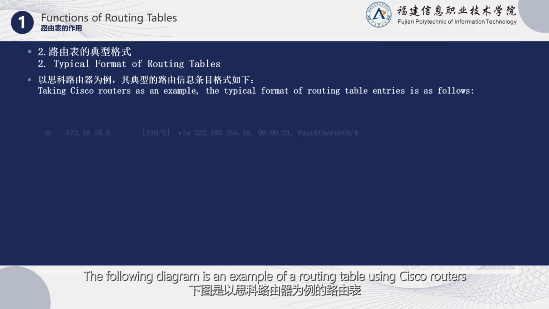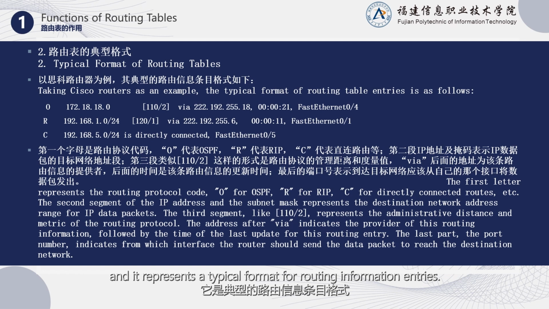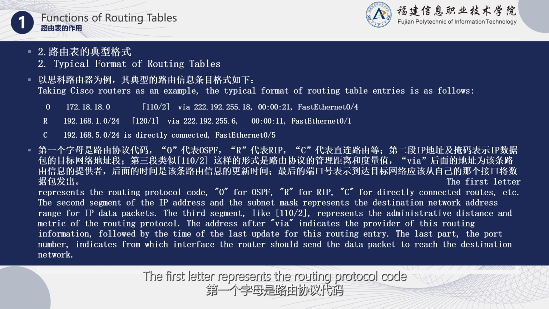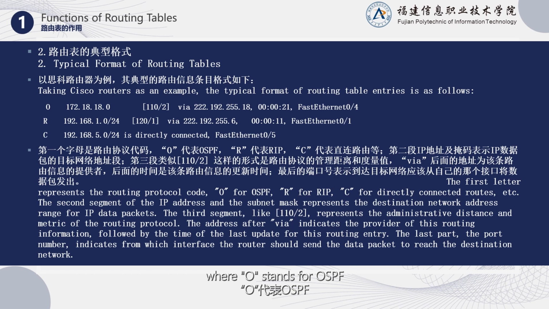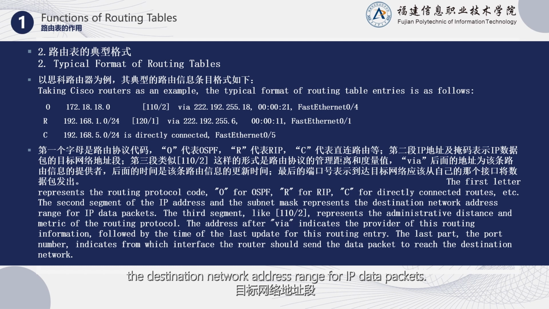The following diagram is an example of a routing table using Cisco routers, and it represents a typical format for routing information entries. The first letter represents the routing protocol code, where O stands for OSPF, R stands for RIP, C stands for directly connected routes, etc. The second segment of IP address and subnet mask represents the destination network address range for IP data packets.